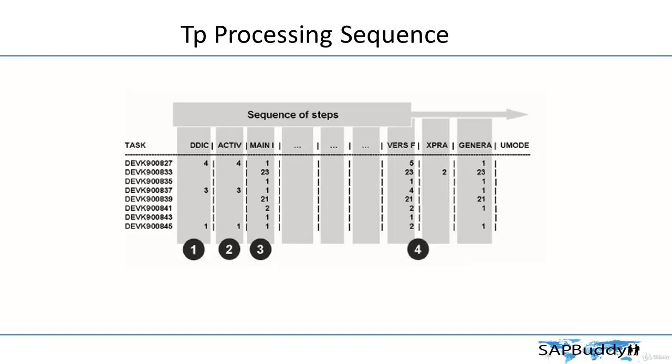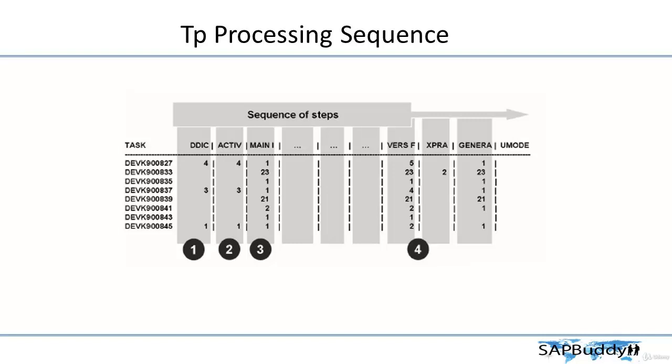Like this, you have different steps. So these steps will be sequentially organized by the TP program. Then it's going to import all the TRs based on the steps which we have defined. Step 1 is DDIC, then step 2 is activation, step 3 is main import, then you go to versioning, then you go to execution of user-defined activities, and so on.